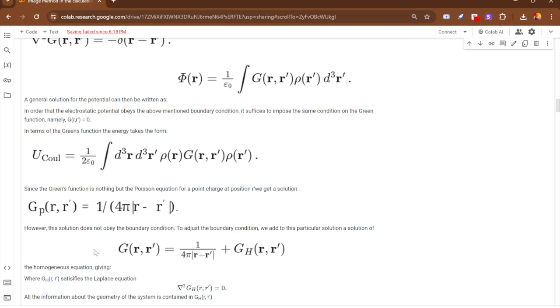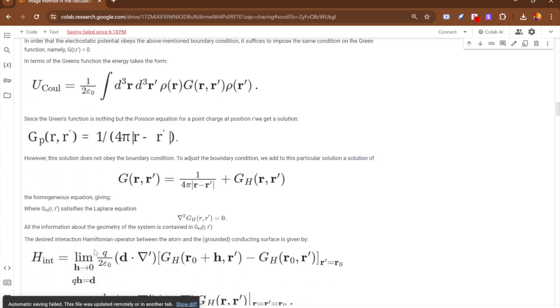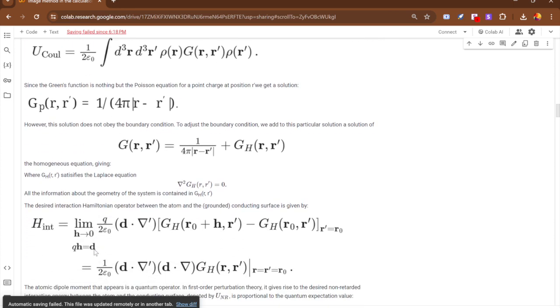This solution, however, does not obey the boundary condition that we imposed. So to adjust it to the boundary condition, we will add another term G_H to this solution, a solution of the homogeneous equation, where G_H should satisfy the Laplace equation, so del square G_H is equal to 0.